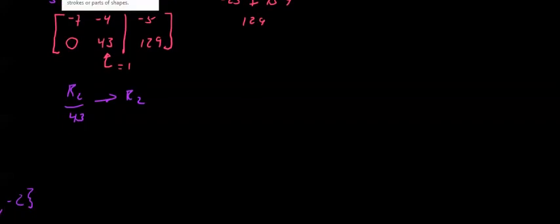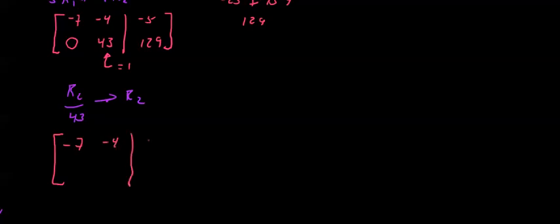So I take and rewrite my top one, negative 7, negative 4, negative 5. 0 divided by 43 is 0. 43 divided by 43, 1. Check. I want that. 129 divided by 43 is 3.